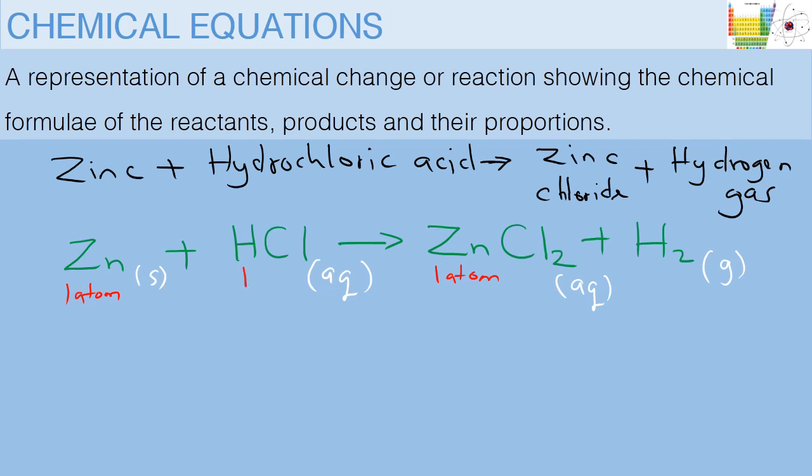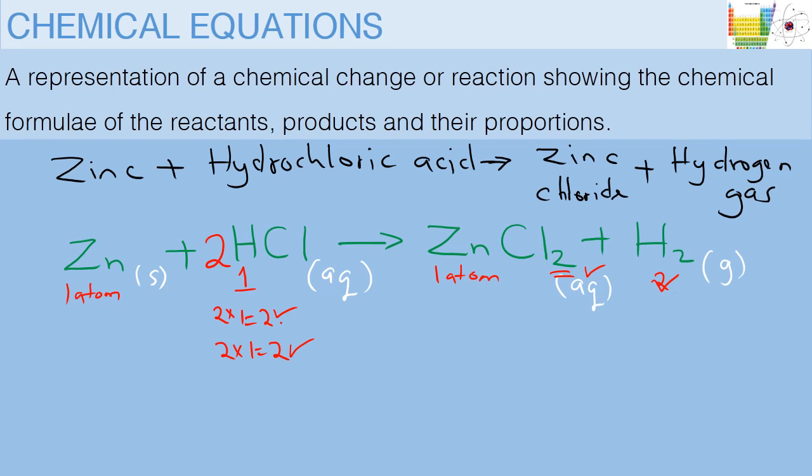We have only 1 atom of hydrogen on the reactant side, but 2 atoms of hydrogen on the product side, and therefore we balance it by adding a 2 before hydrochloric acid, and now we have 2 times 1 equals 2 hydrogen atoms, and therefore hydrogen atoms are balanced. Similarly, chlorine atoms are now 2 times 1 chlorine atoms, and on the product side we also have 2 chlorine atoms, and therefore chlorine atoms are also balanced, and hence this equation is balanced.